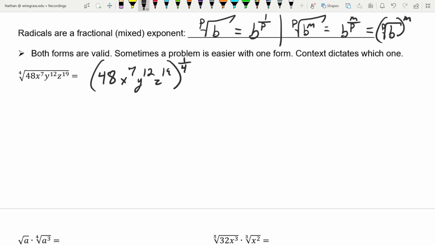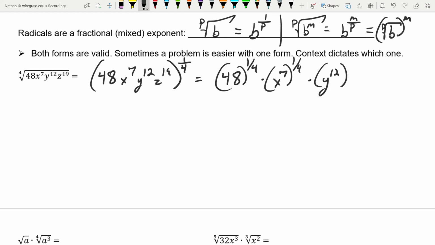And what I can do is write 48 to the 1/4 power times x to the 7th to the 1/4 power times y to the 12th to the 1/4 power times z to the 19 to the 1/4 power. That's just using the product to power rule of the rules of exponents.